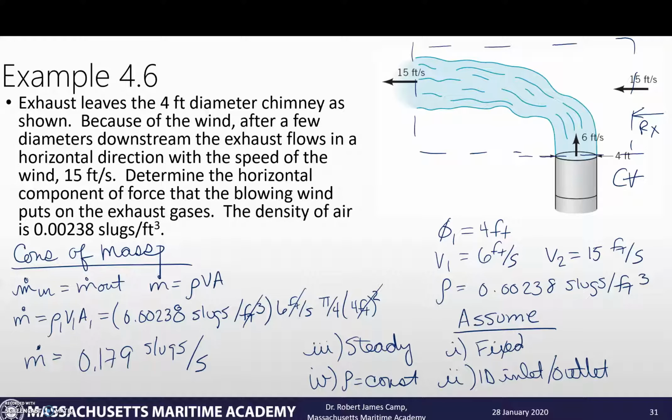We have the pressures, which are all going to cancel out because it's just air that's already in air, so we're not worrying about that. I have the same air pressure pushing here as I have pushing here, same air pressure pushing here as I have pushing here. So those are all going to cancel themselves out. The only thing I have pushing on this is Rx, which is that reaction force from the wind.